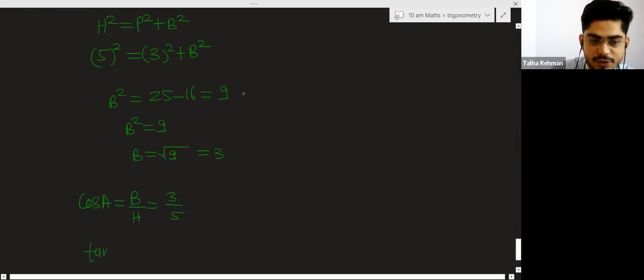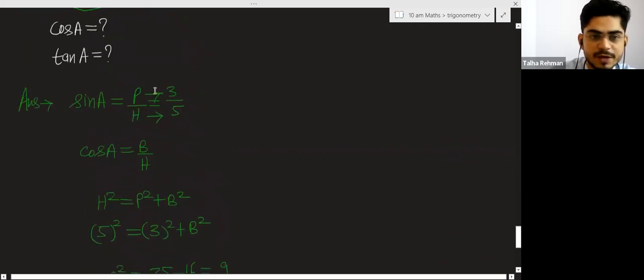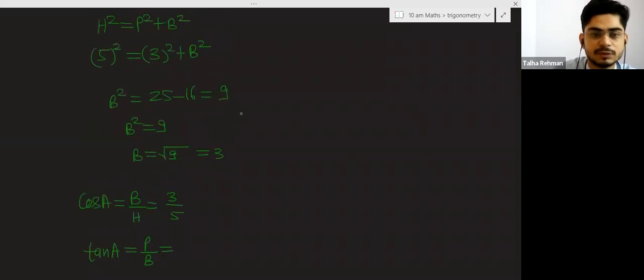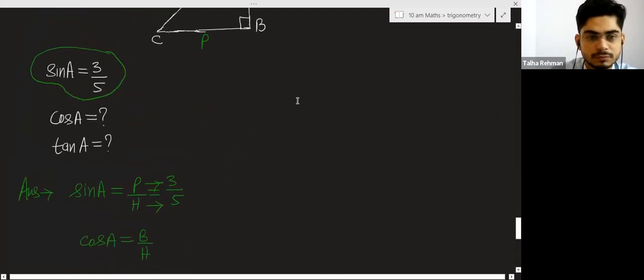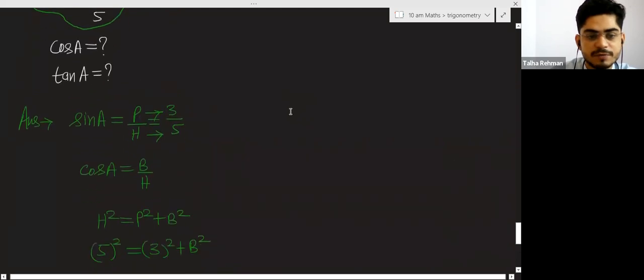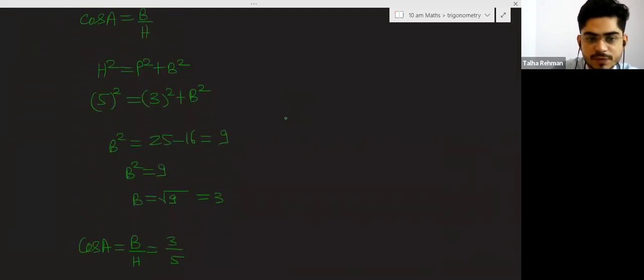And tan A you can also find, perpendicular divided by base. What is the perpendicular? Perpendicular is 3. Oh, sorry. Okay, actually this is 3 by 5. So this will become 25 and this will become 9.